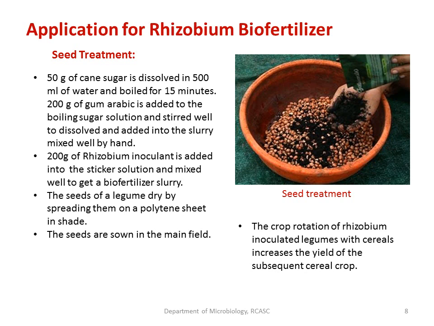Another method of application is crop rotation. If you grow a crop inoculated with the rhizobium biofertilizer and then rotate with cereals, the yield of subsequent cereal crops increases. If you go for crop rotation of rhizobium-inoculated legumes with cereals, the difference in the yield can be noticed.